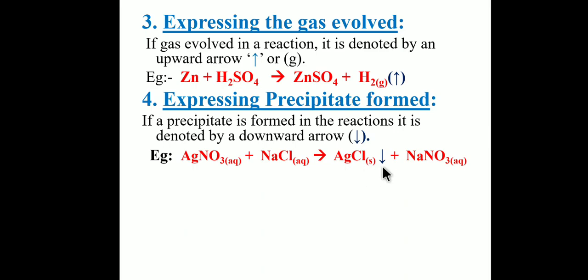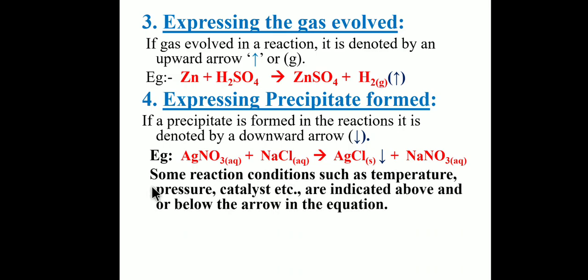That's why you represent it with a downward arrow symbol. Another product is sodium nitrate, which is in aqueous state. So the insoluble substance, the precipitate formation, we represent with the downward arrow.